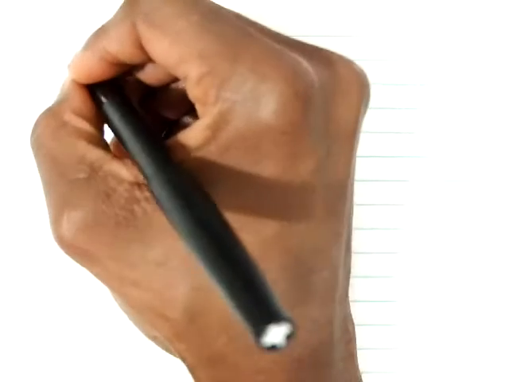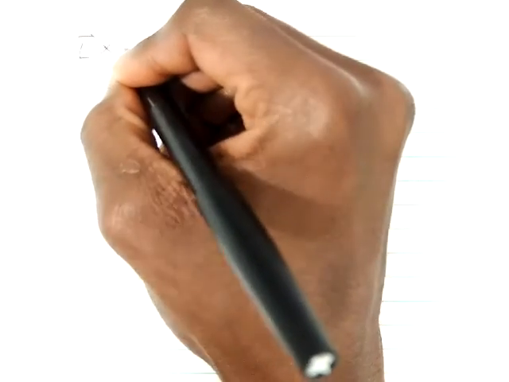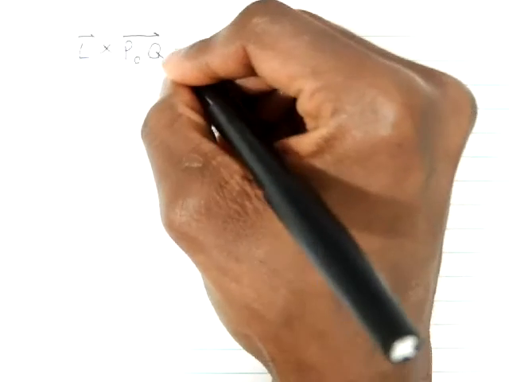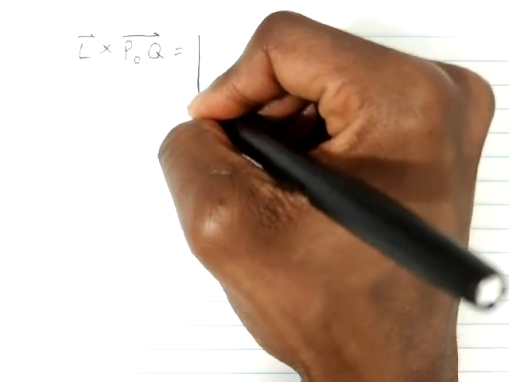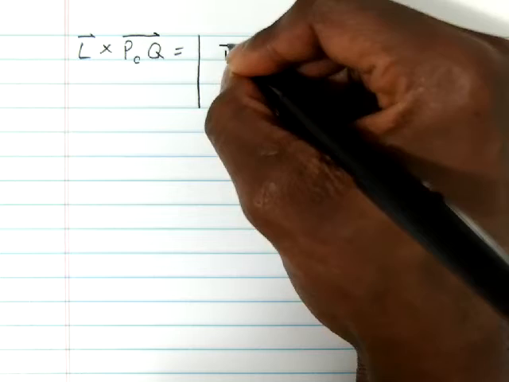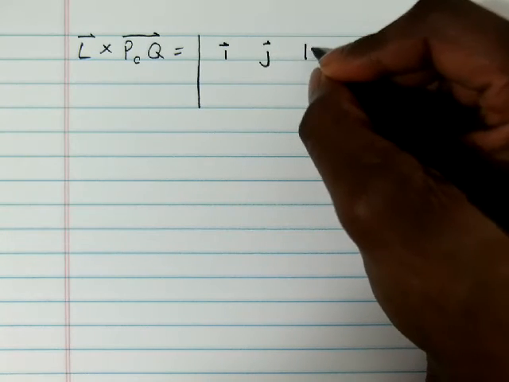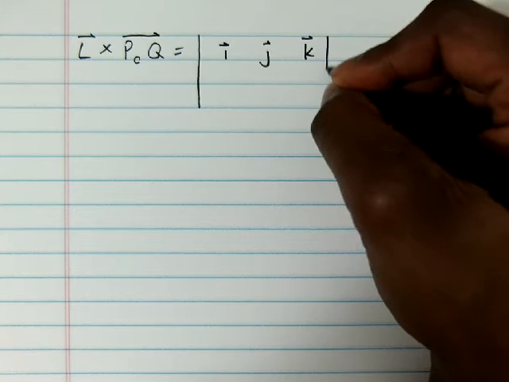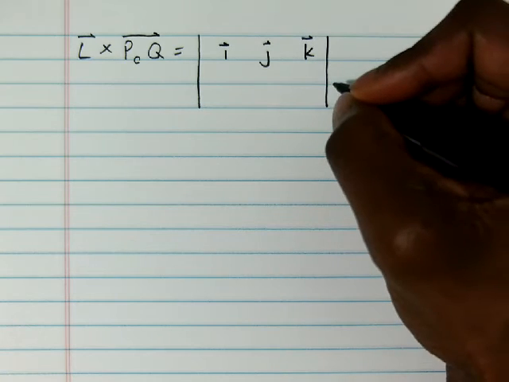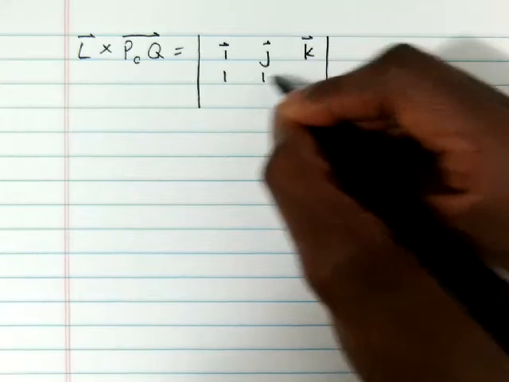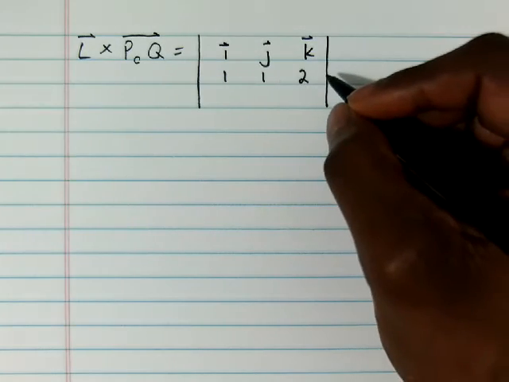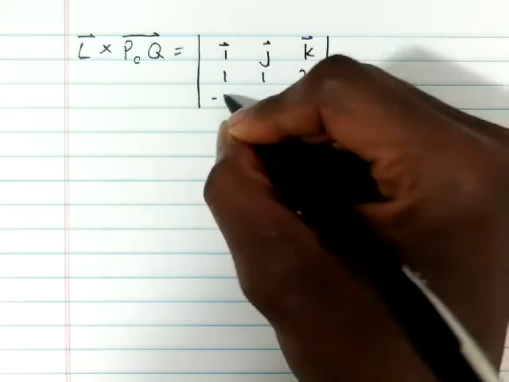So we were doing L cross P naught Q. So i, j, k, and 1, 1, 2, and -3, 0, -7.